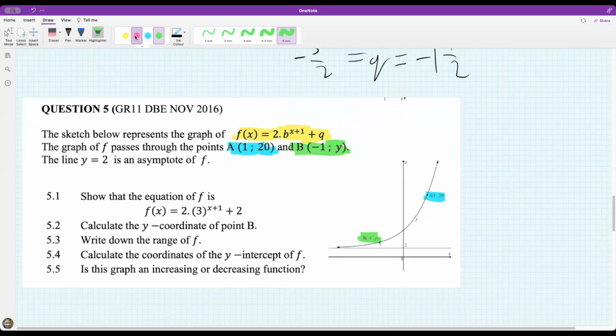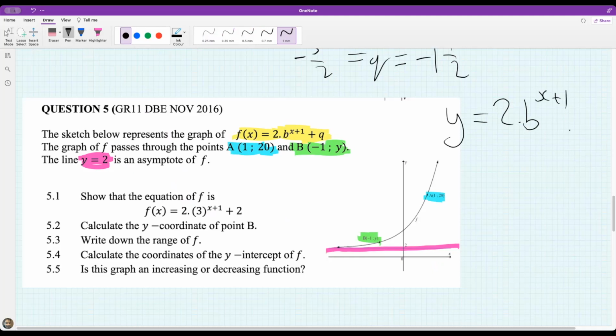And you're also given the asymptote is at y equals 2. Show that the equation of f is the following. So if they say show that, you need to start with the original and then work out the unknown thing. So you need to work out what B is and what Q is.